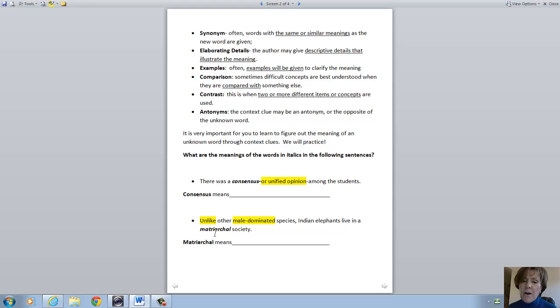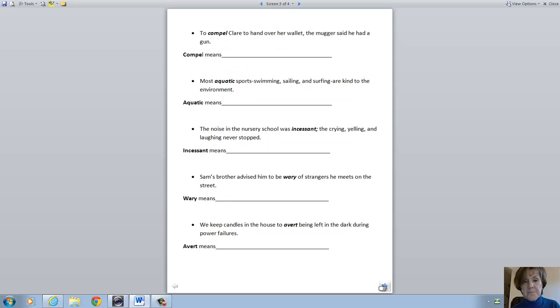So matriarchal society must mean female head of a family, right? So Indian elephants live in a matriarchal society. Matriarchal means female head of a family. See how the relationship of these words, unlike male-dominated, tells you.